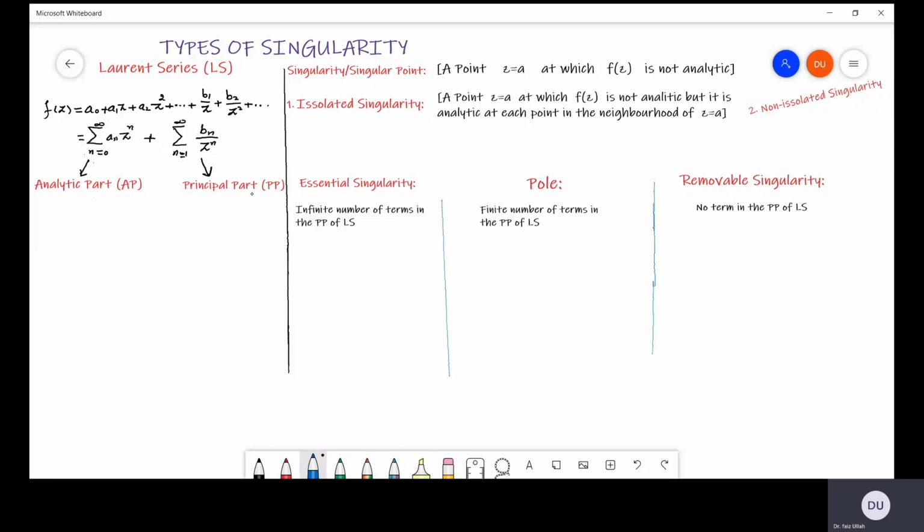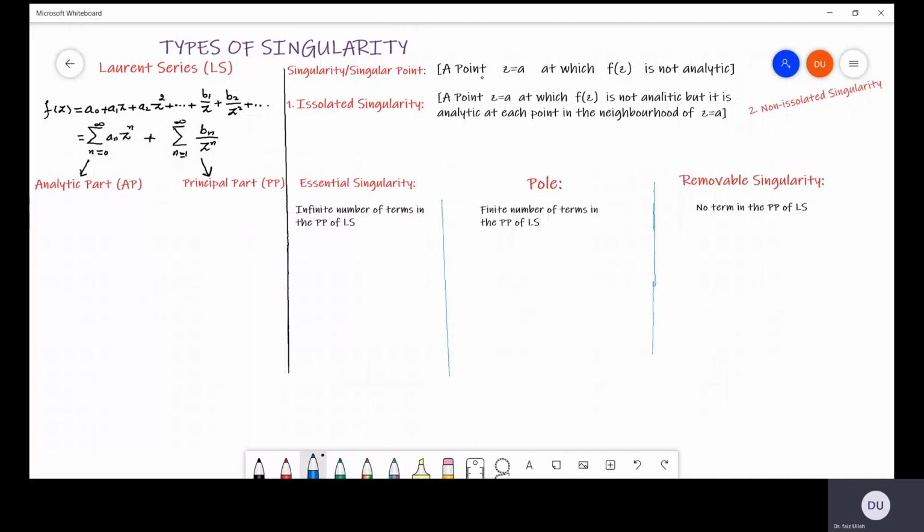Now let us start with what we mean by singularity. We can say that a point z equal to a at which f of z is not analytic is called a singular point. In other words, that point at which the function is not differentiable is called a singular point.